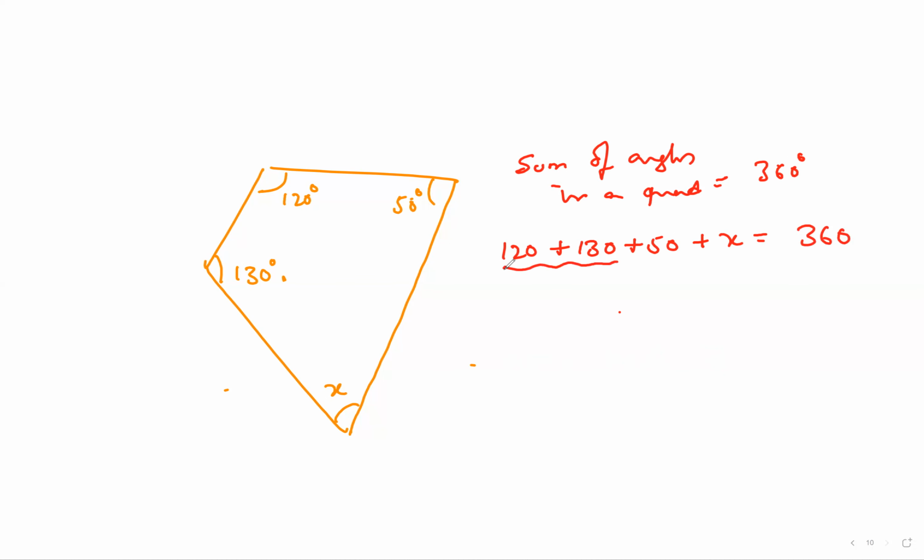Now when you add, it is 250 and 300. So 300 plus x is equal to 360 degrees. That implies when you transpose 300 to the other side, x is equal to 360 minus 300, that is equal to 60 degrees. Understood, my dear students? So this is how you find it.